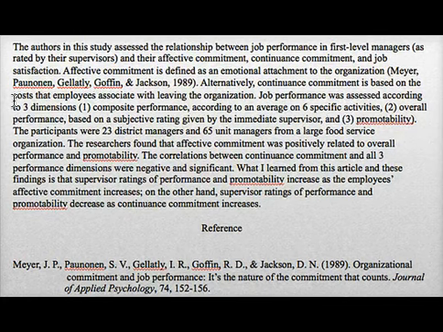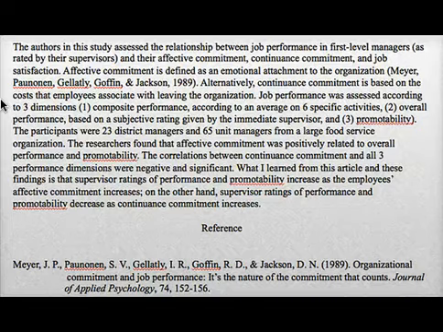And then they say, alternatively, continuous commitment is based on costs that employees associate with leaving the organization, and job performance was assessed according to 3 dimensions. 1, composite performance according to the average on 6 specific activities. 2, overall performance based on subjective rating given by the immediate supervisor.